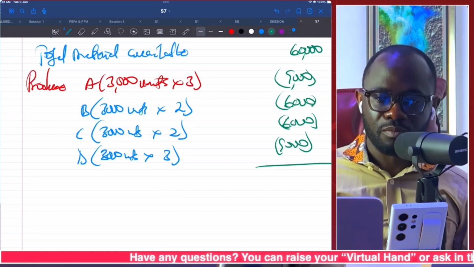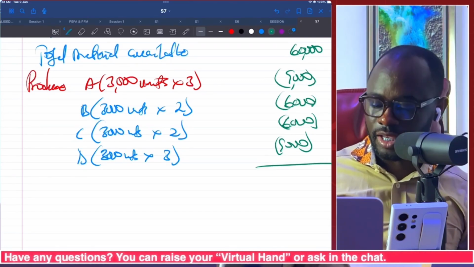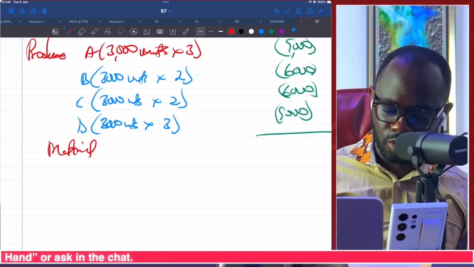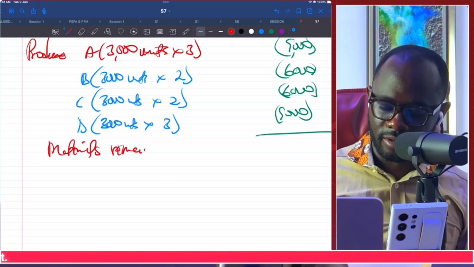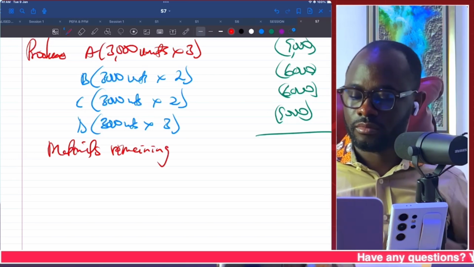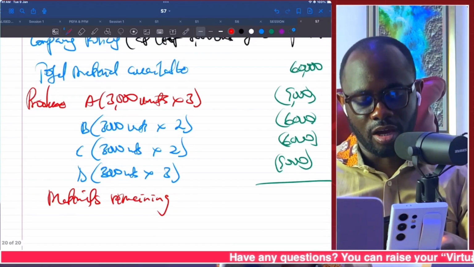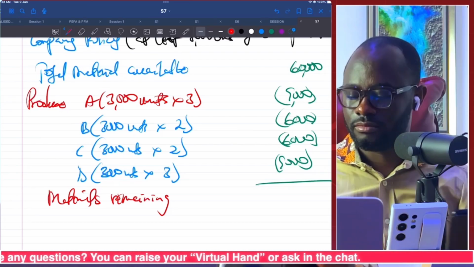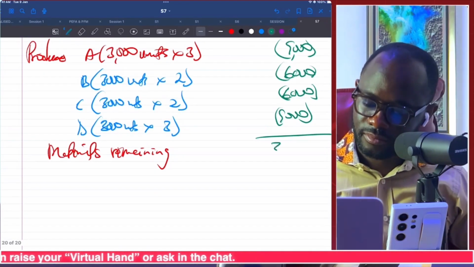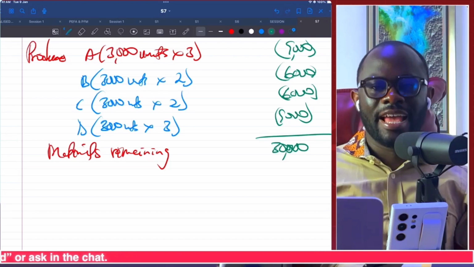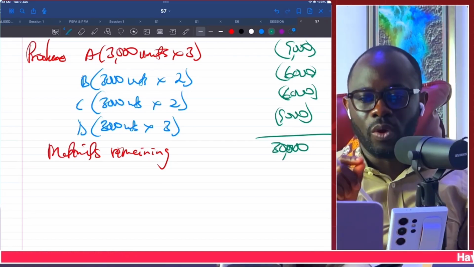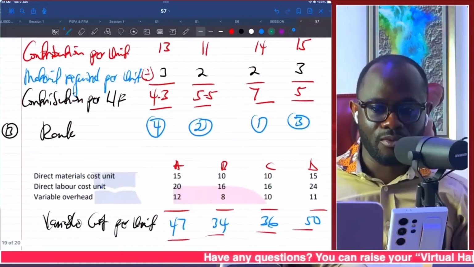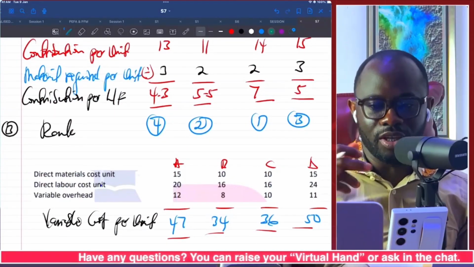So when we finish producing the company's policy, what will be left? So materials remaining. That will be 60 minus 9 minus 6 minus 6 minus 9. 30,000. Now, we can produce using the ranking rule for the remaining of each of the products.